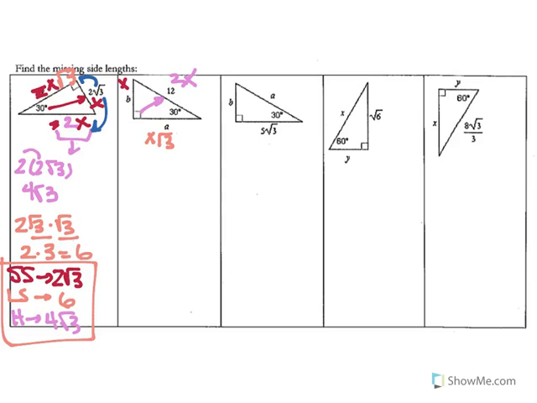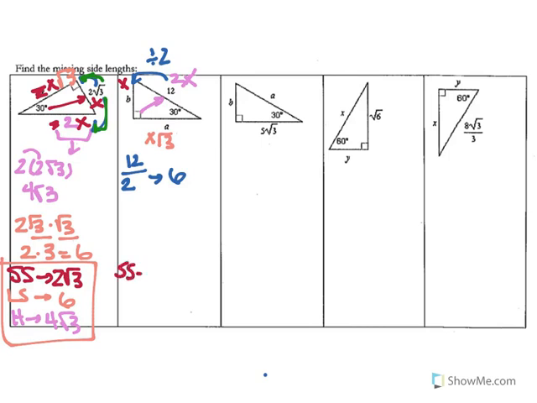So first thing I'm going to do is go from the hypotenuse to the short side, so I'm going to divide. We're going to divide by 2. So to get my short side, I'm going to do 12 divided by 2. That gives me 6.